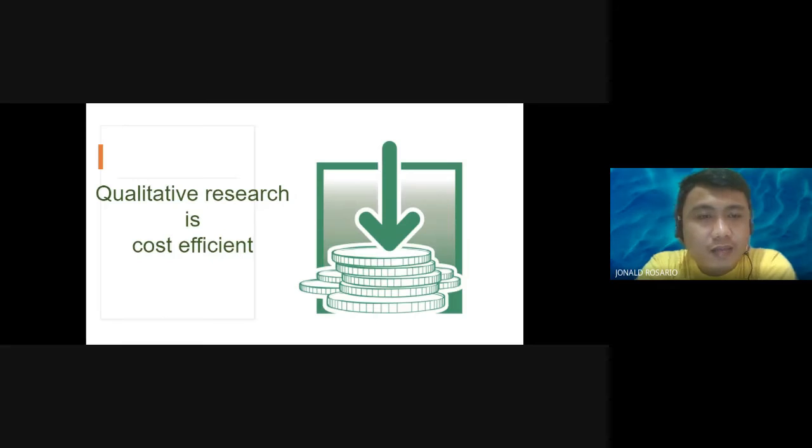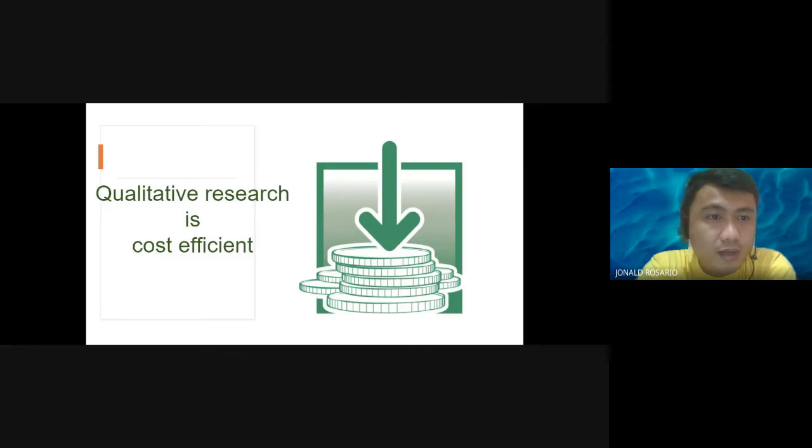Likewise, class, in quantitative research, we use questionnaires, and we give those questionnaires to our participants, so magpiprint tayo ng napakaraming questionnaires.